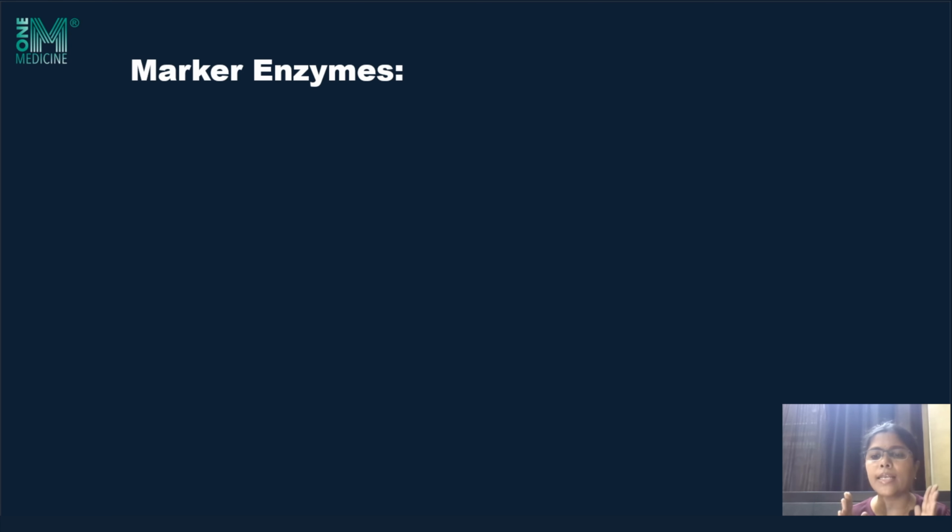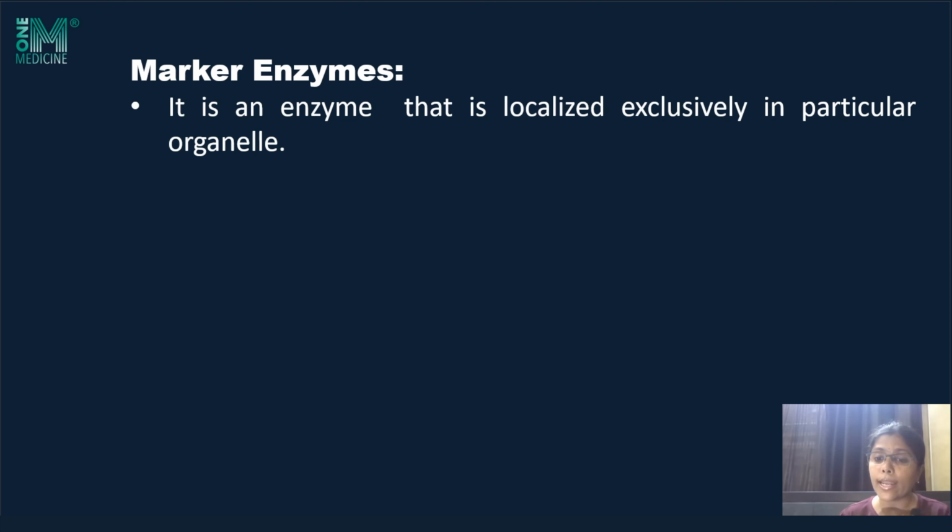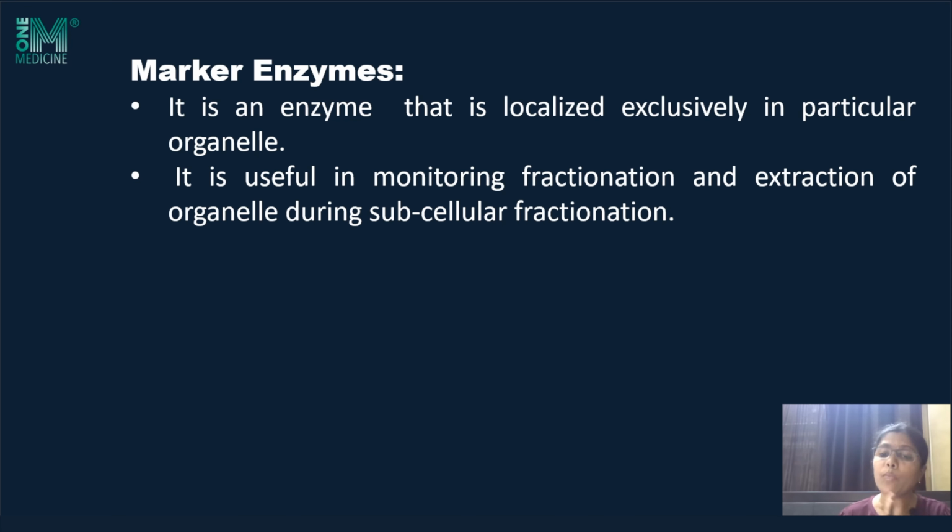It is nothing but the enzyme that is required only for identification of subcellular fractions or organelles. Clear? So it is an enzyme that is localized exclusively in that particular organelle. That is the signature for that organelle only. It won't be present simultaneously in many organelles. Next, it is useful in monitoring fractionation.